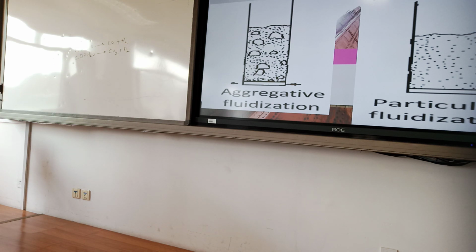There are conditions that determine whether particles undergo particulate or aggregative fluidization. One is that the minimum fluidization velocity must be less than the gas velocity, which is in turn less than the minimum bubbling fluidization velocity. And in aggregative fluidization, the gas velocity must be greater than the minimum fluidization velocity.